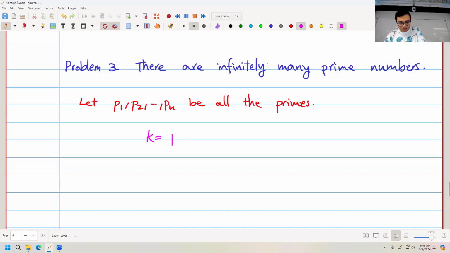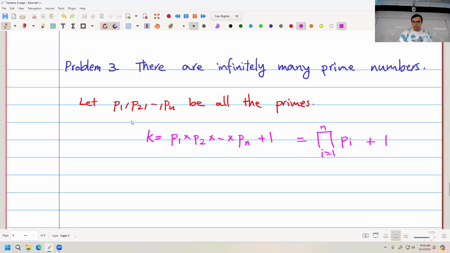I want to look at this number, P1 times P2, and so on, times Pn plus 1, or basically the product of all the Pi's, i from 1 to n, plus 1. Now, I claim that this number k is either prime itself or has a prime factor that is not listed here, that is not one of P1 to Pn.